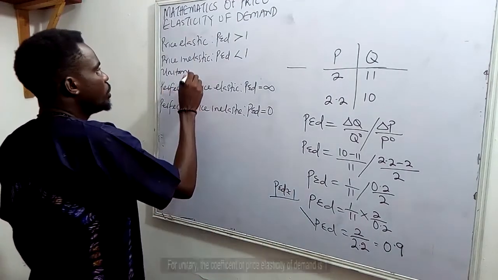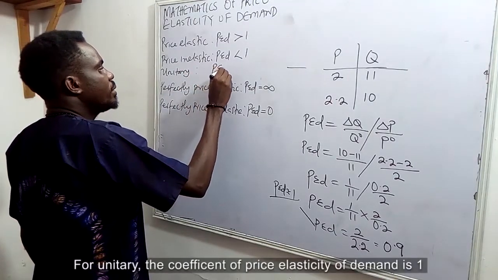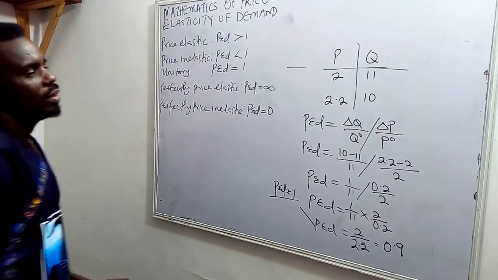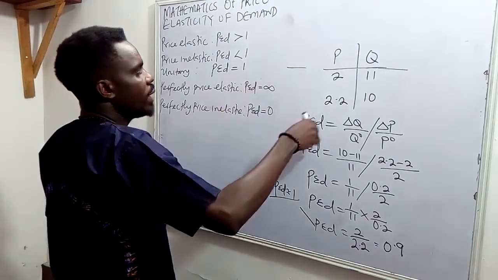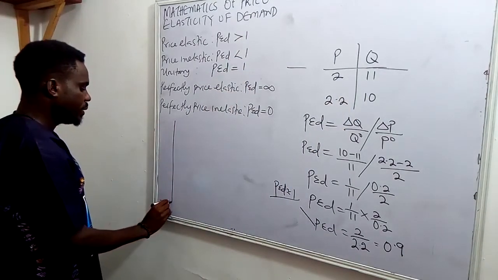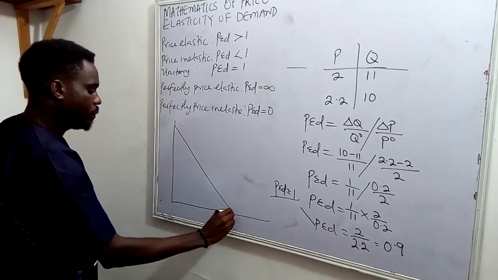Therefore, for unitary, the coefficient of price elasticity of demand is 1 because we have equal proportional change for price and quantity.